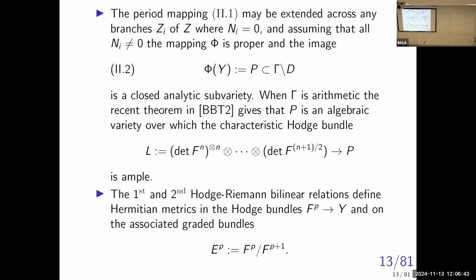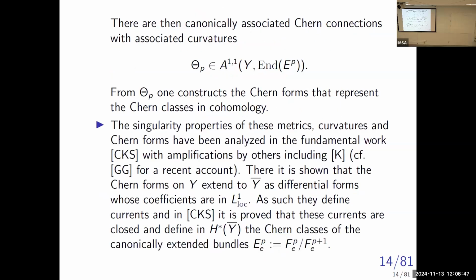So the first and second Hodge-Riemann bilinear relations, you give metrics in the Hodge bundles, and you have associated curvatures. And again, these curvatures have sign properties, they have algebraic properties, and they also have very interesting singularity properties.